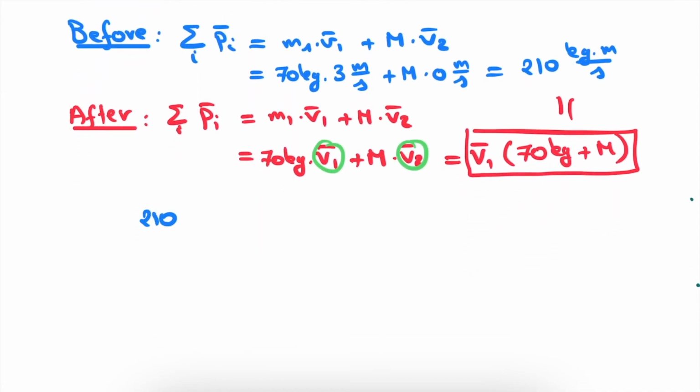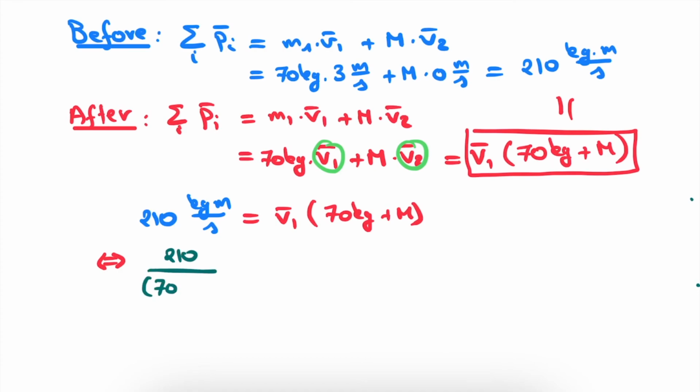We have that 210 kilograms meters per second has to be equal to v1, the velocity of the cart and ourselves after we have jumped on, multiplied by 70 kilograms plus M. Or written differently, we find that 210 divided by 70 plus capital M kilogram multiplied by kilogram meter per second, and we can cancel this kilogram right here, such that we are only left with the units of meter per second, is equal to the velocity that we are looking for, the velocity that we have together with the cart.